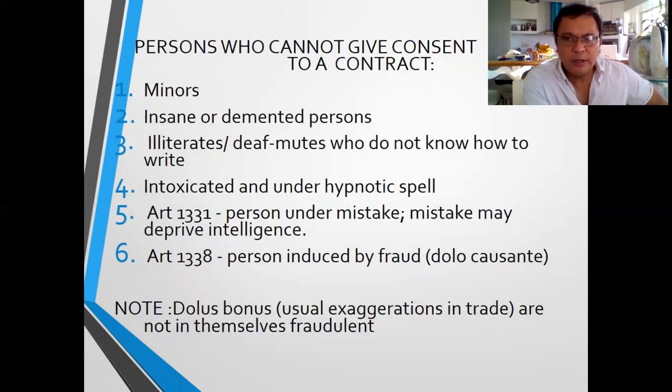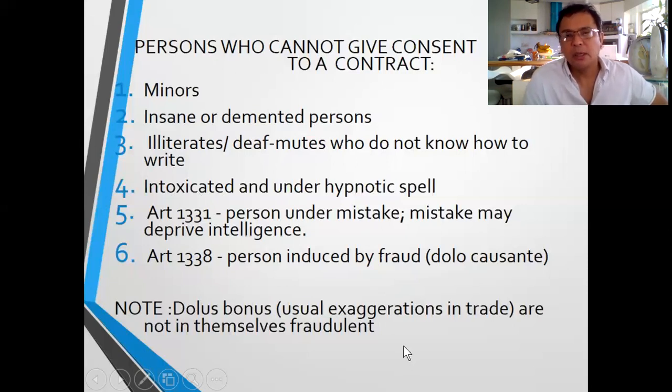If a person is under a hypnotic spell and enters a contract, the contract is voidable. Then persons under mistake, because mistake deprives intelligence, and persons who are induced by fraud. So in these cases, the contracts entered into by minors, insane, deaf mutes who do not know how to write, and so forth, are voidable.